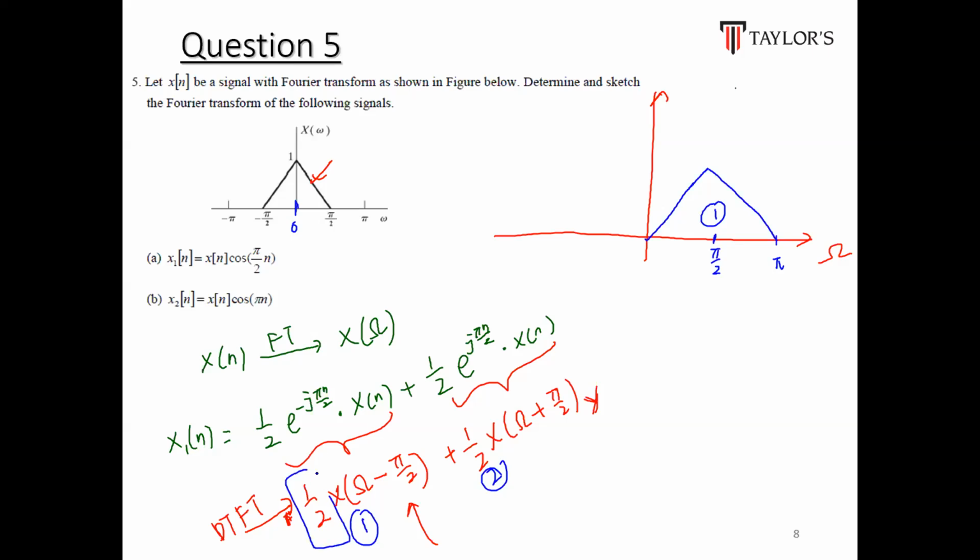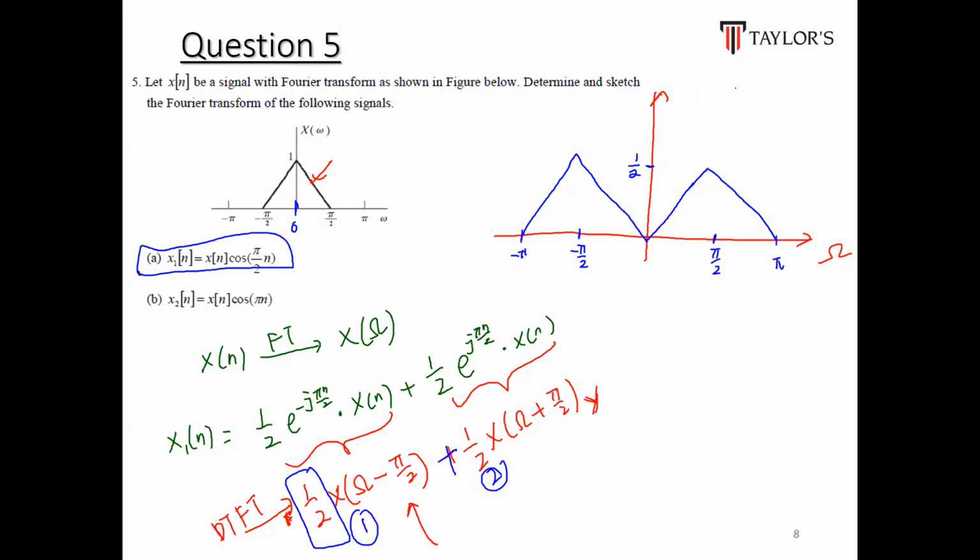Remember, I need to multiply the magnitude by half, so instead of ending at 1, I will end at half. For the second curve, it's the same thing but shifted to the left side only, negative pi over 2, negative pi. So my answer is a combination of 1 and 2 because they are added together. That is the answer for question A.